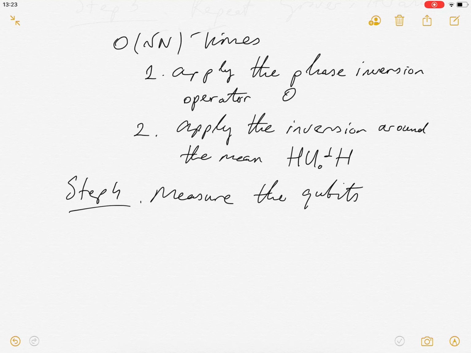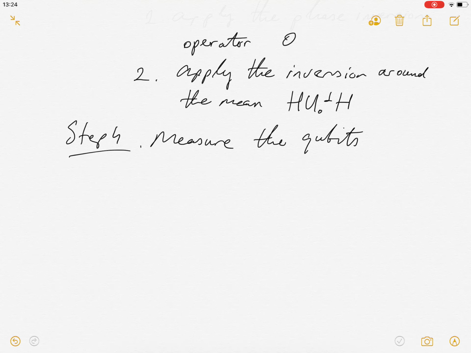If we want to draw the circuit diagram of the algorithm, it would look something like as follows. We start with all zeros. We apply the Hadamard transform. And then in the second input we have the qubit 1. We apply the Hadamard transform here.